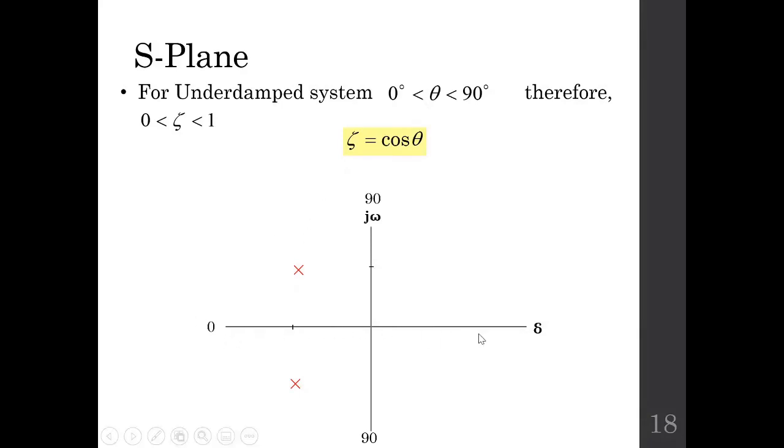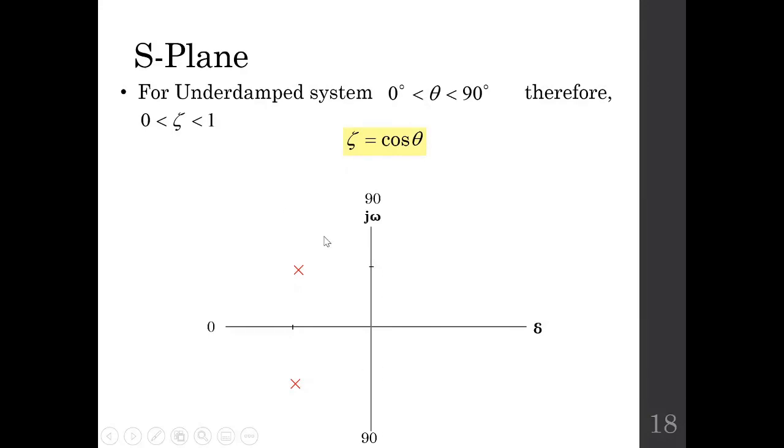Assume this x-axis is your 0-degree line and this y-axis or imaginary axis is your 90-degree line. Whenever we talk about pole values or underdamped systems, we always talk about the poles that lie on the left hand side. Only then are you talking about a stable system. We will not be dealing with poles on the right hand side because that is an unstable system.